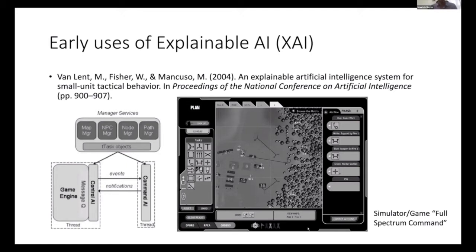Now, this approach was completely rule-based. There was no data-driven learning. Everything was completely algorithmic, based on rules. But there was a module on explainability used to understand the decisions of the system.